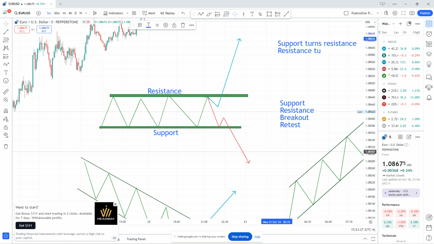Resistance turns to support. This is the same from the level by retest.